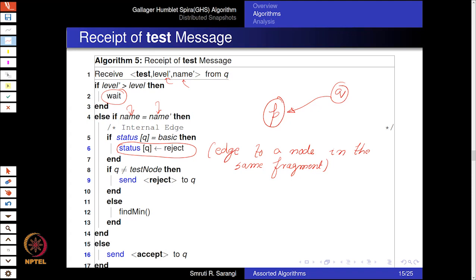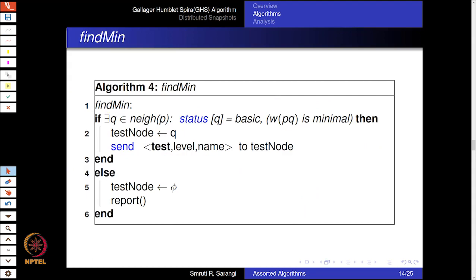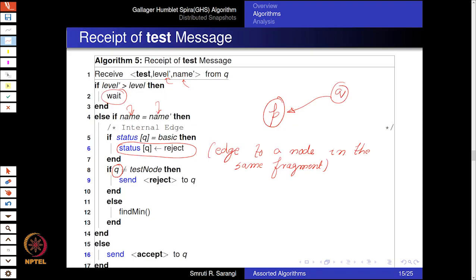Then let's say that if Q is not equal to test node, which means that as far as I am concerned, I might have sent a test message to Q and I would have set test node. So whenever I send a test message to some other node, I set that node as the test node.